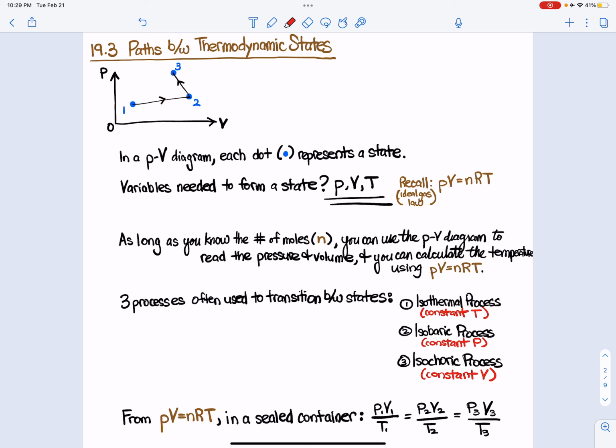All right, and the variables needed to form a state are pressure, volume, and temperature. Okay, just remember the ideal gas law from the previous chapter. That is PV equals nRT. We're going to be using that in this chapter as well. And as long as you know the number of moles, that's n, you can look at the PV diagram so that you could read the pressure and the volume.